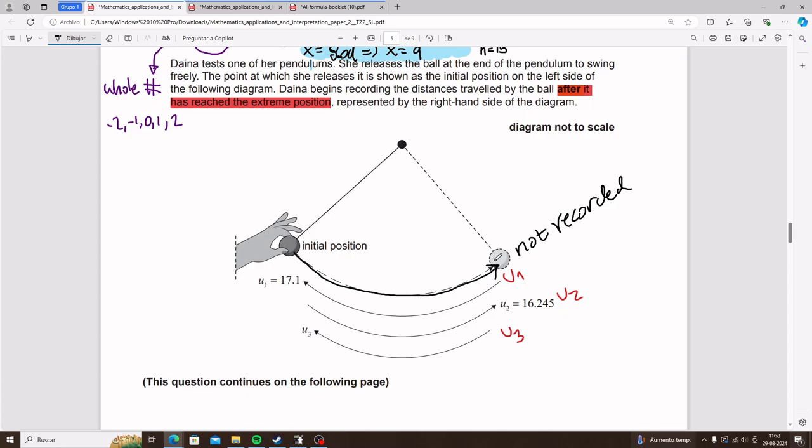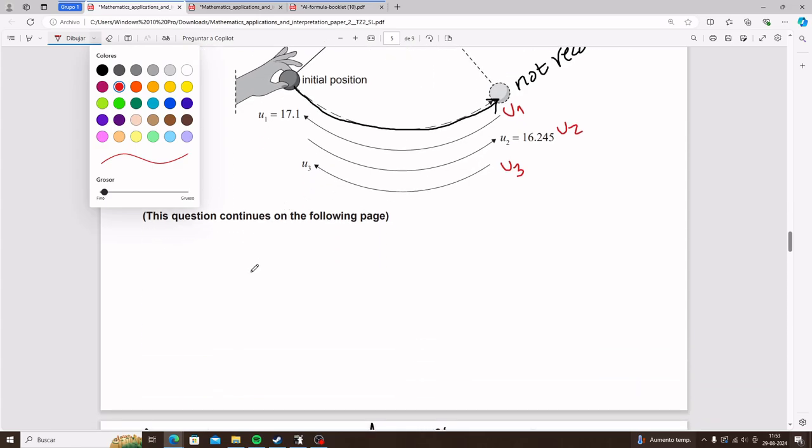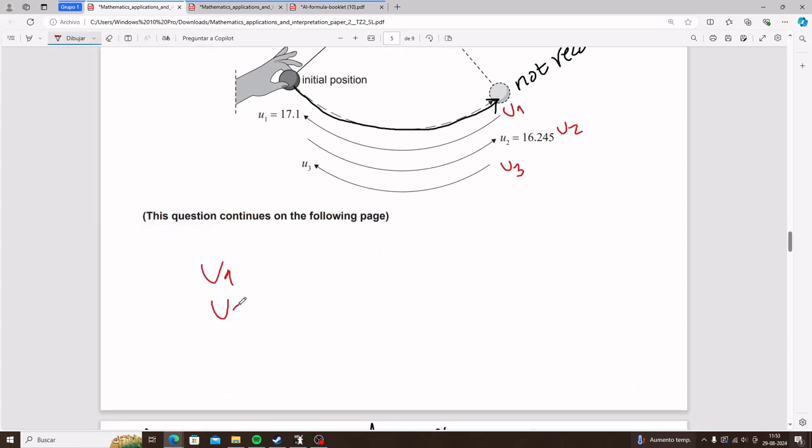And so the cool thing about geometric sequences is that, think about it this way, ¿cierto? So you have U1 and U2. You know that U1 is 17.1. You know that U2 is 16.245. And you know from the exercise that R is 0.95.